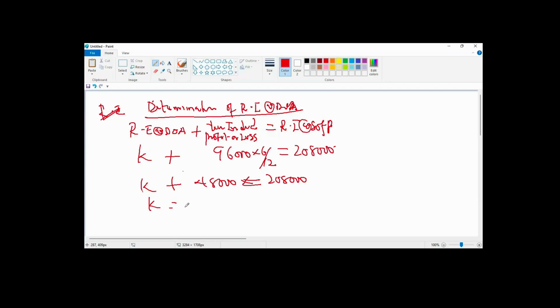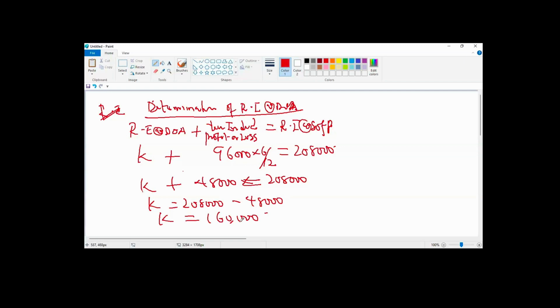K equals 208,000 minus 48,000, which is 160,000. That is the retained earnings at the date of acquisition: 160,000.